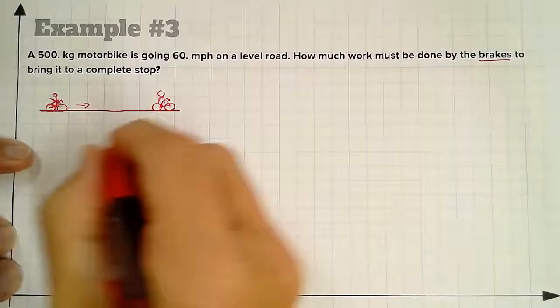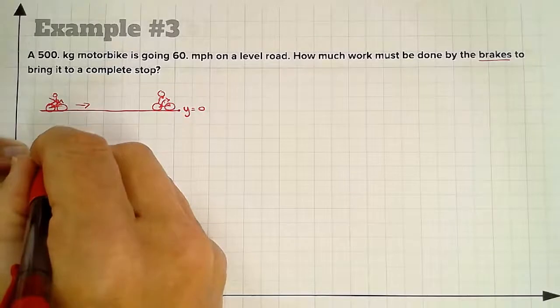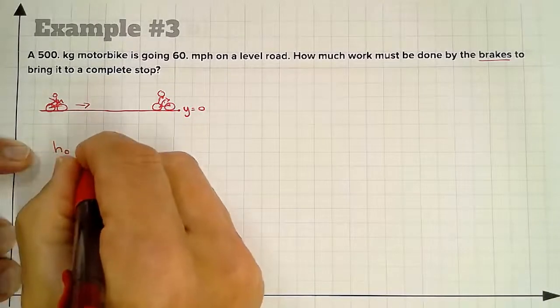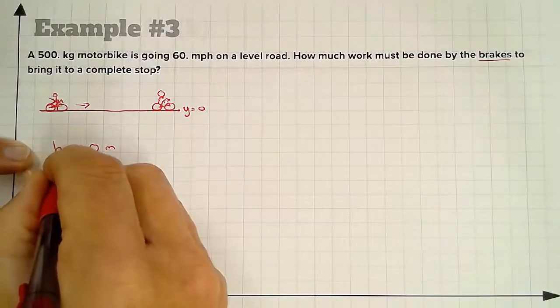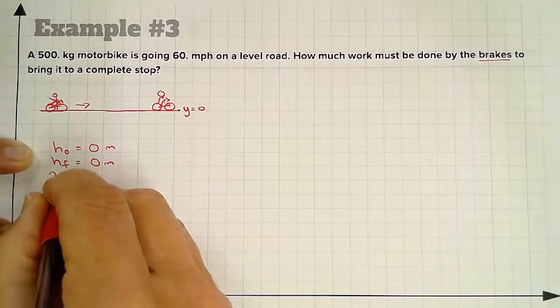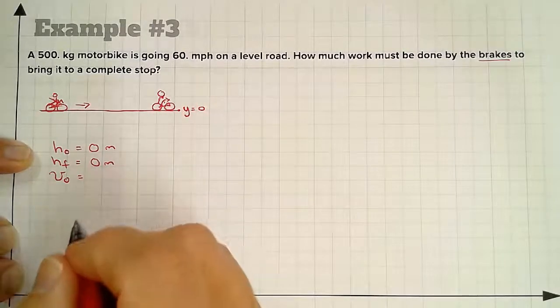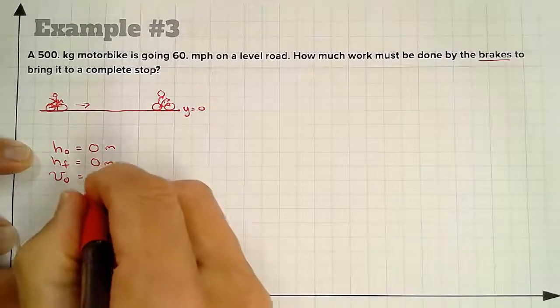So we are going to call the level road y equals 0. So that means that the initial height of the motorbike is 0 meters, and the final height of the motorbike is 0 meters. The initial velocity of the motorbike is 60 miles an hour, which we're going to convert to meters per second.